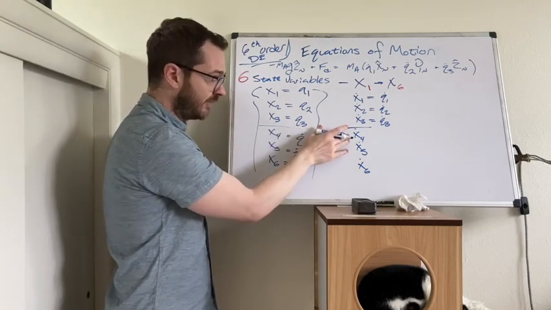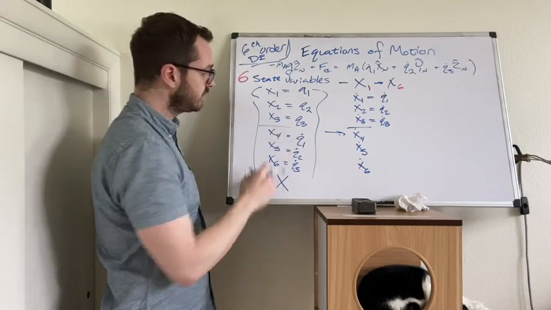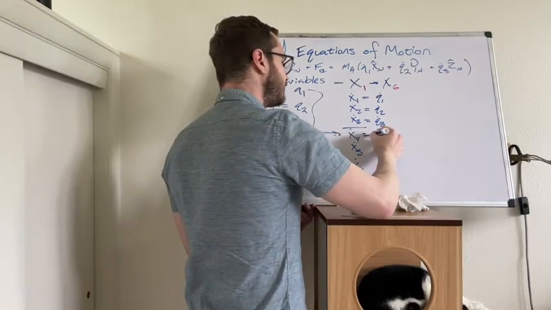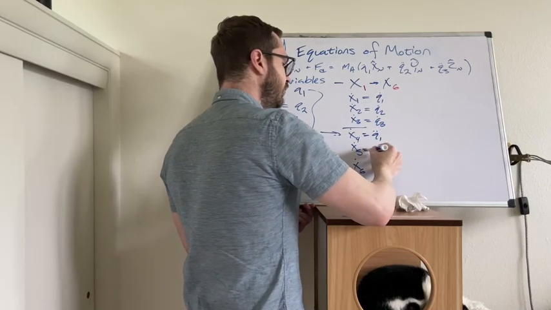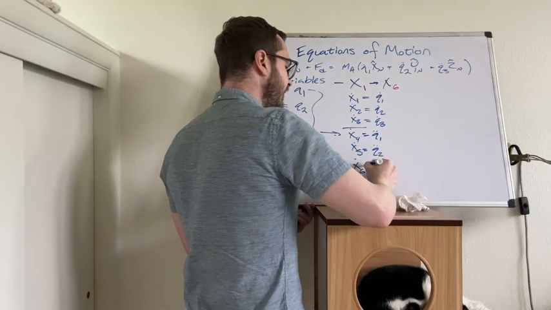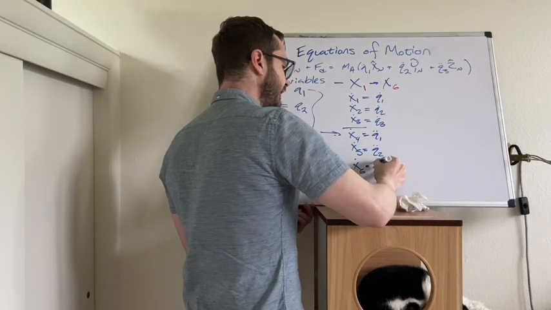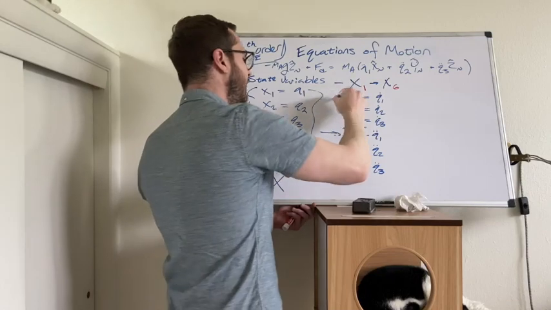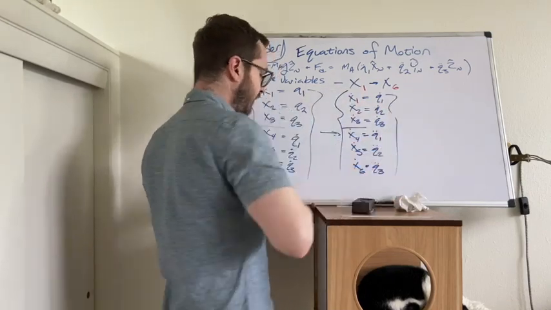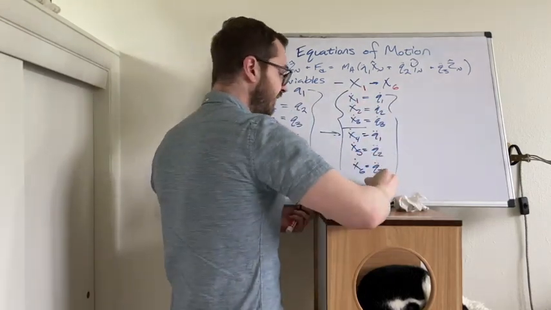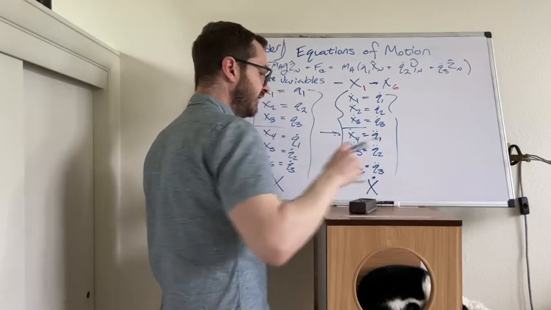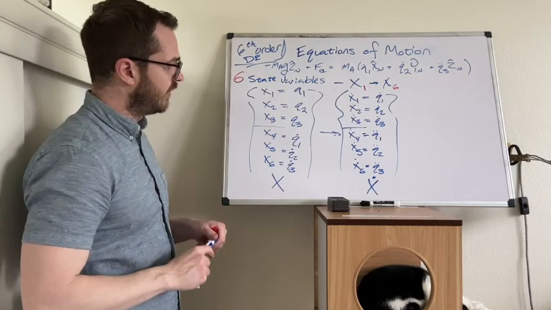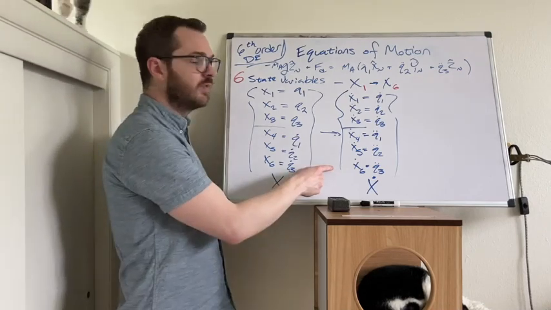When you dot x4, it's the second derivative: q1 double dot, q2 double dot, and q3 double dot. So if this vector was x, then this vector is x dot.